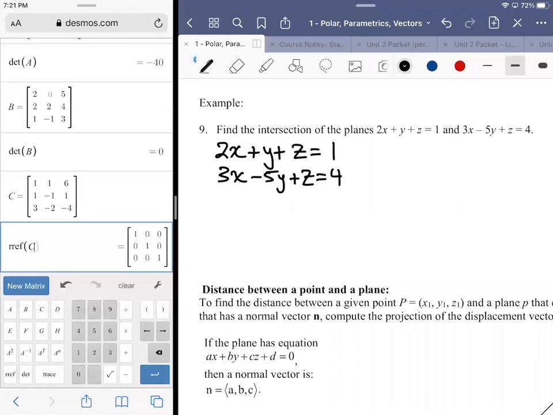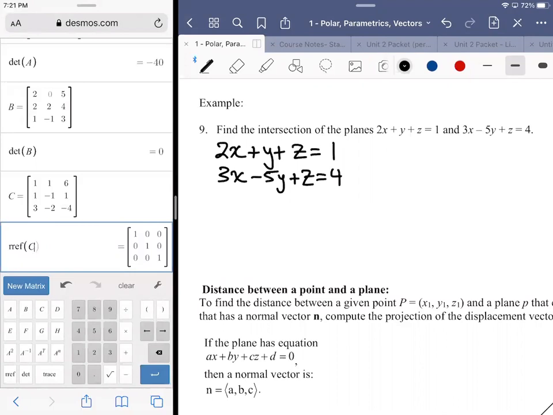There's nothing different in terms of the mentality that we're going to use when we're finding the intersection of two equations versus three equations, like we did before with finding two lines that intersect one another. We're going to row reduce and come up with that solution. It's just a question of what that means once we come up with it.